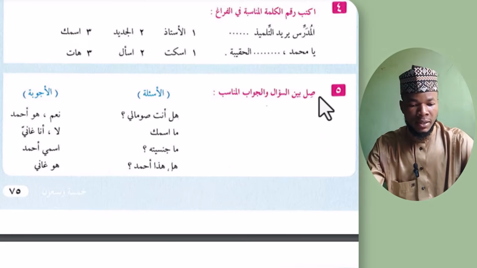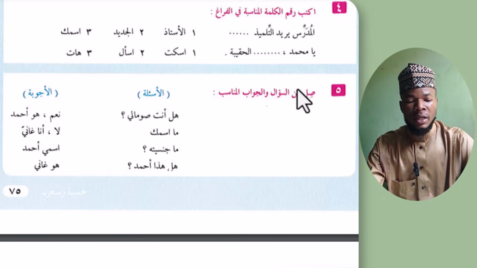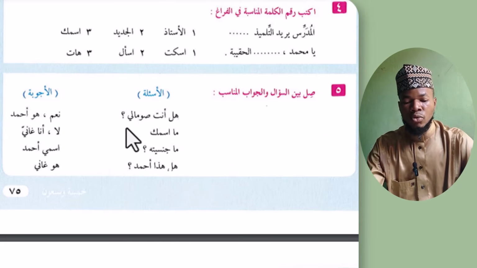So the last exercise, here we have an instruction that says sil bayna su'ali wal jawabi, connect between the question and the answer, al munasib, that are suitable. So here we have al as'ila, that is the question section. The first question we have hal anta Somaliyun, are you a Somalian?